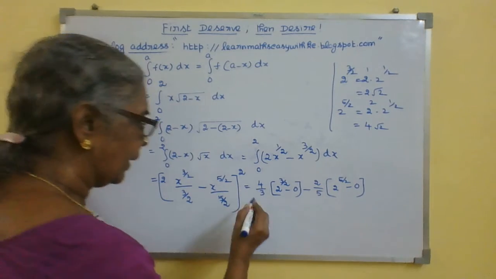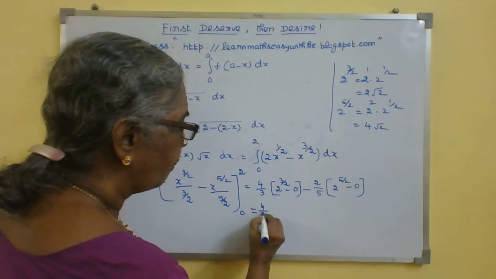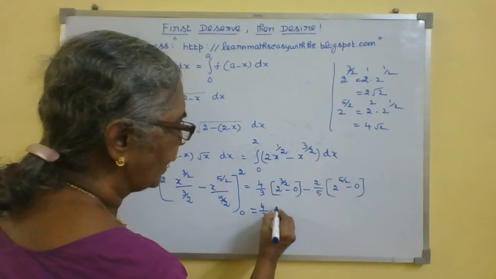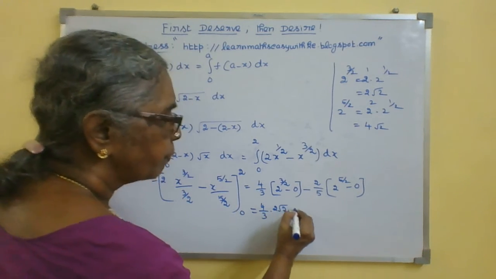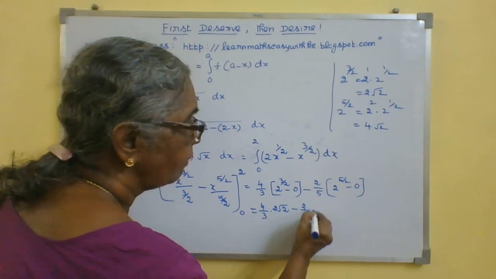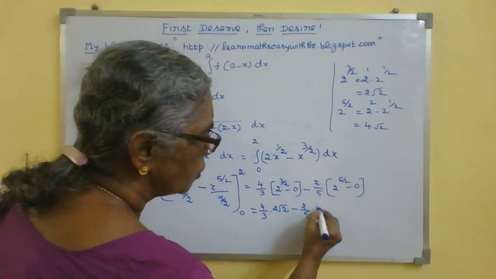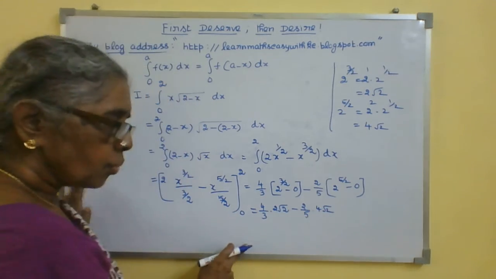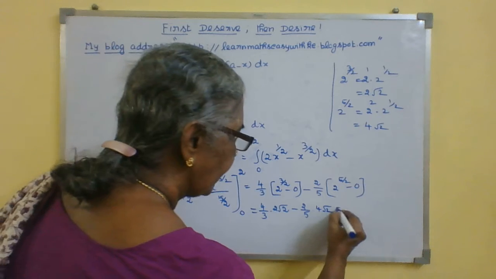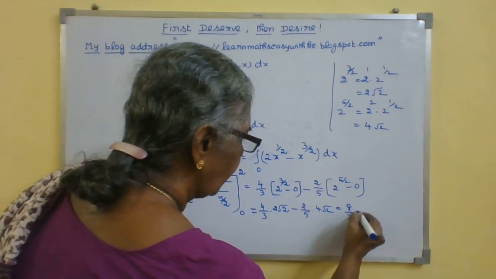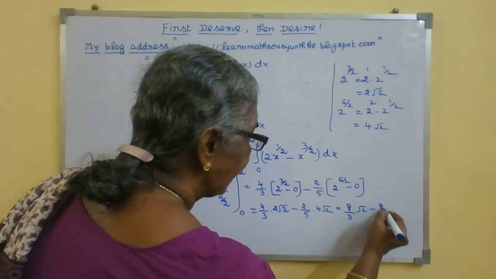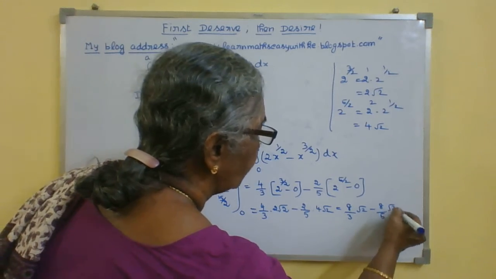So now I will be getting here 4 by 3, 2 power 3 by 2 is 2 root 2, minus 2 by 5, 2 power 5 by 2 is 4 root 2. So I will be now getting 8 by 3 root 2 minus 8 by 5 root 2.